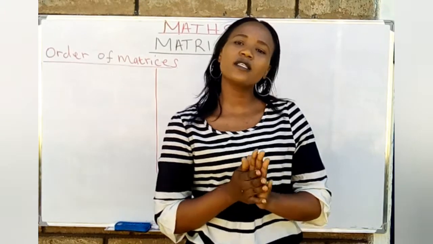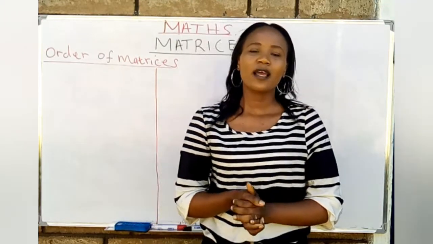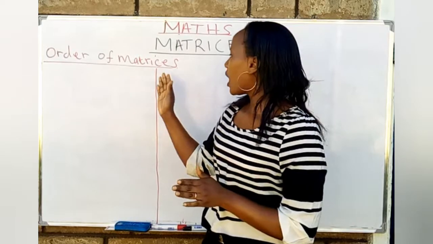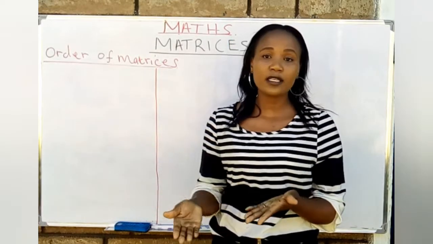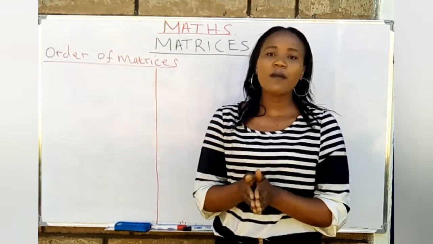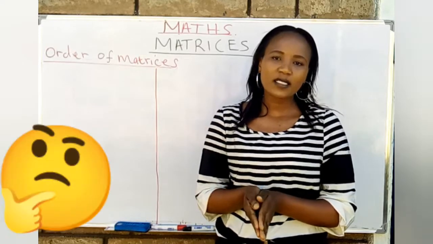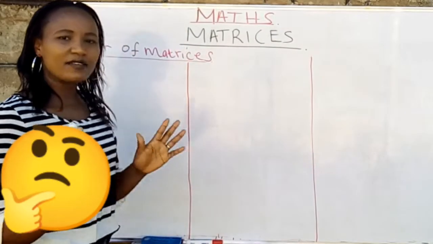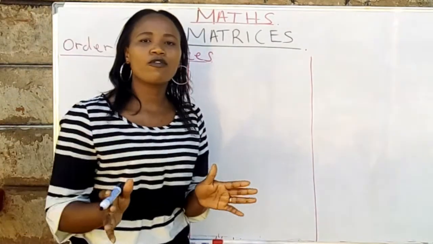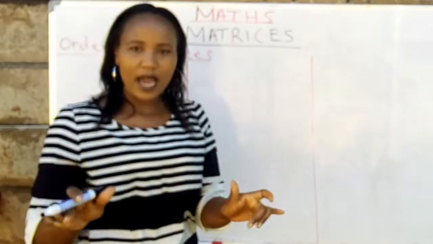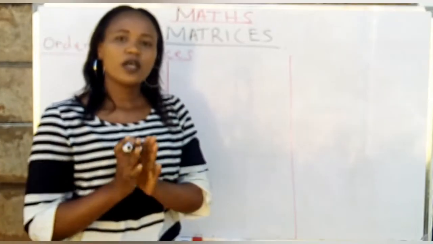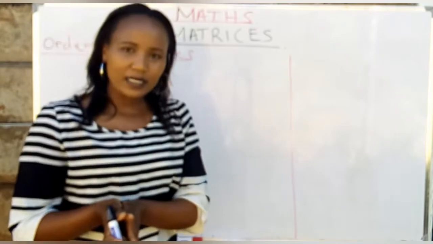We are going to look at matrices today, and specifically order of matrices, and as we progress we shall look at scalar multiplication of matrices. A matrix is any rectangular arrangement of numbers enclosed by large curved brackets.